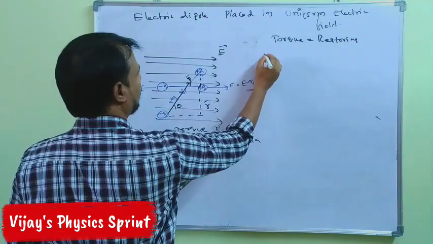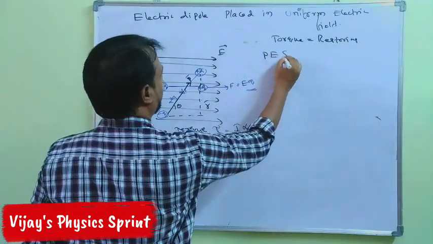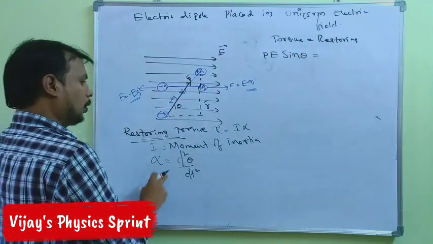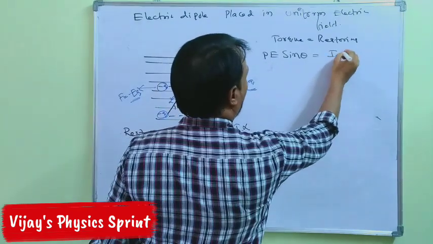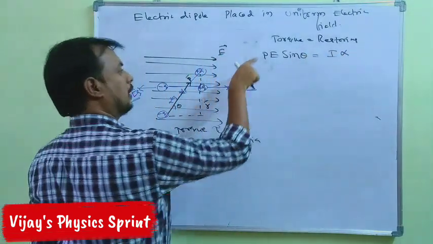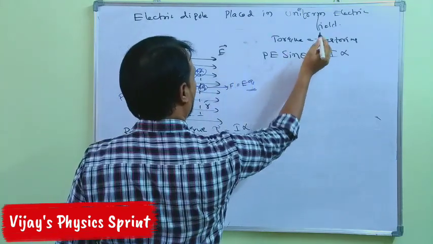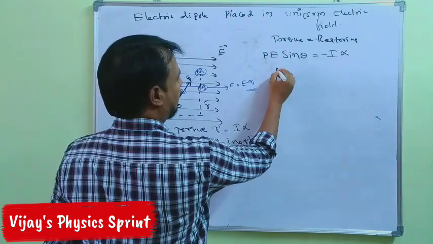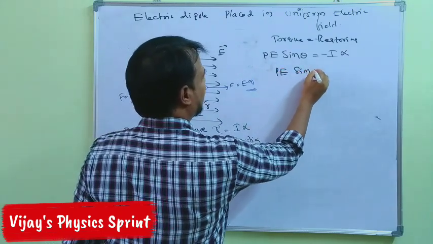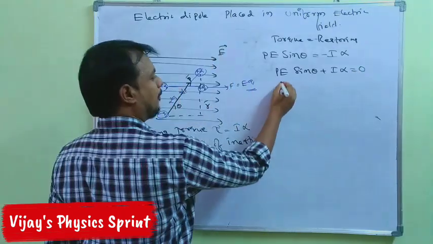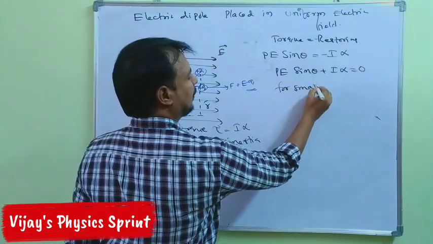What is the torque? Just now we had pE sin theta, and the restoring torque is I alpha. Equal and opposite, so the restoring torque is minus I alpha. Bringing this to one side, pE sin theta plus I alpha equals 0.